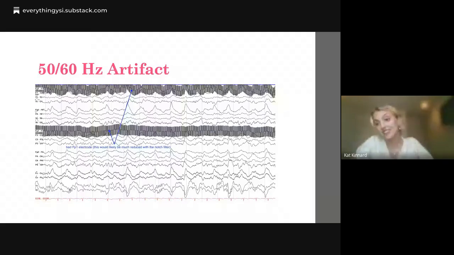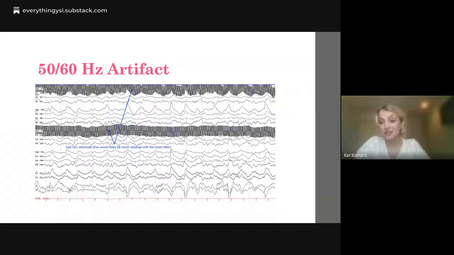Now this one is electrical interference. It's called 60 hertz artifact in the United States, but in the UK and Europe, it's called 50 hertz. It's just electrical interference. Unlike muscle, this has more of a fuzzy appearance. It comes from the environment: power outlets, phones, IV poles, anything that generates electricity can cause this.